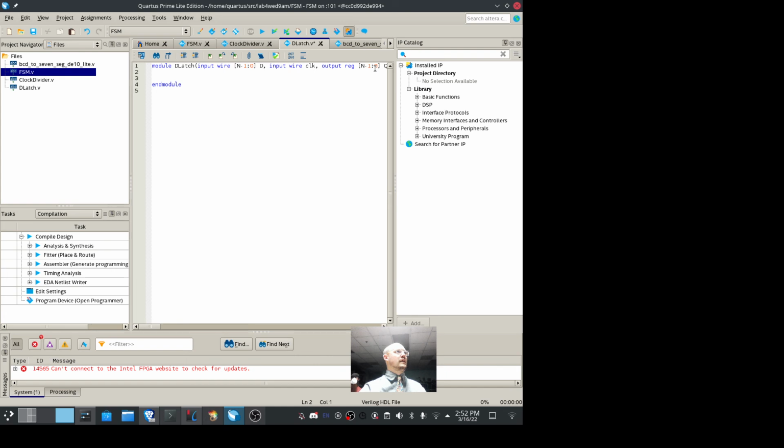It says, I don't know what n is. So we're going to tell it what n is. We're going to say parameter n equals 1'b1. We will be able to change that to whatever we want when we create an instance of this module. So by default, we'll say that n is just a 1-bit value, but it can be any value that we want.